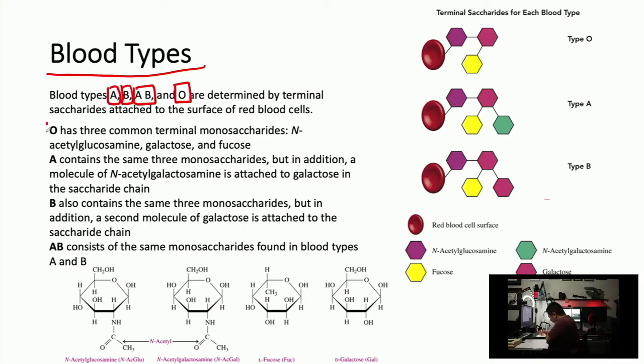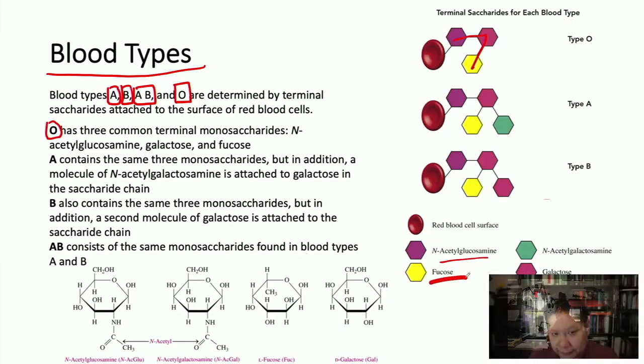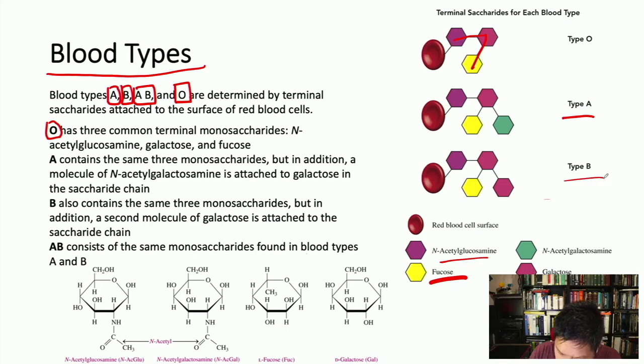So when you have type O blood, your red blood cells on the surface have these three saccharides: an N-acetylglucosamine, a galactose, and a fructose. And that's it. Right? The other two blood types, A and B, have those original three plus one more.